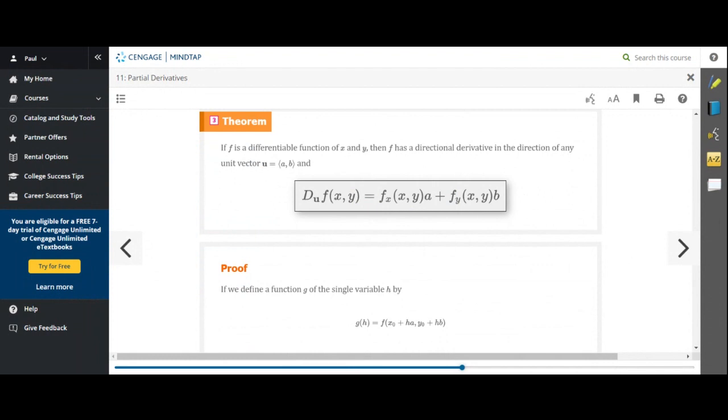Okay, so for instance, let me show you why this would maybe make sense. Let me go ahead and go to the whiteboard. Okay, and let me try to use my stylus here.